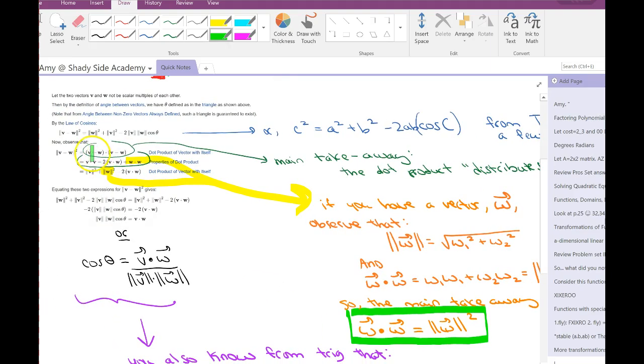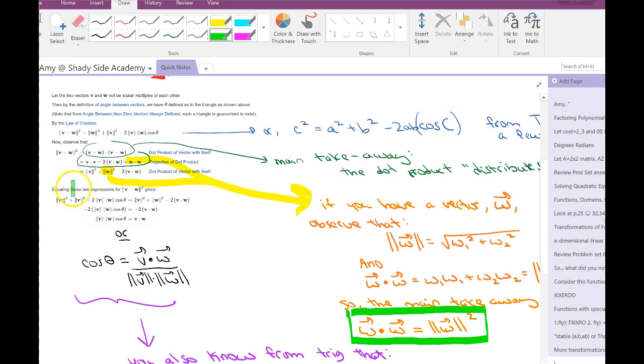And you'll notice here, you take a vector dotted by itself, when you do the distribution, look at this over here, v dot v, magnitude of v squared. w dot w, magnitude of w squared. And then here is minus 2v dot w, right?